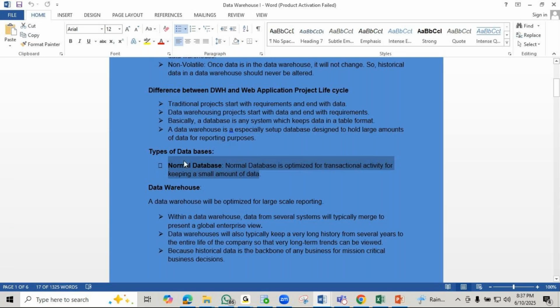And the data warehouse can be optimized for large scale of reporting. It means in the data warehouse we store a high volume of data, and in the normal database we store a low volume of data and current data. In the data warehouse, a high volume of data will be maintained, and that will be historical data.